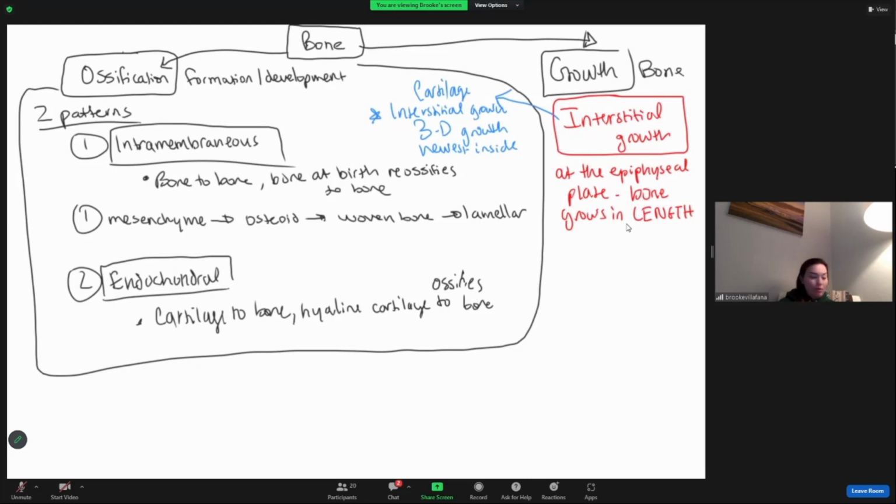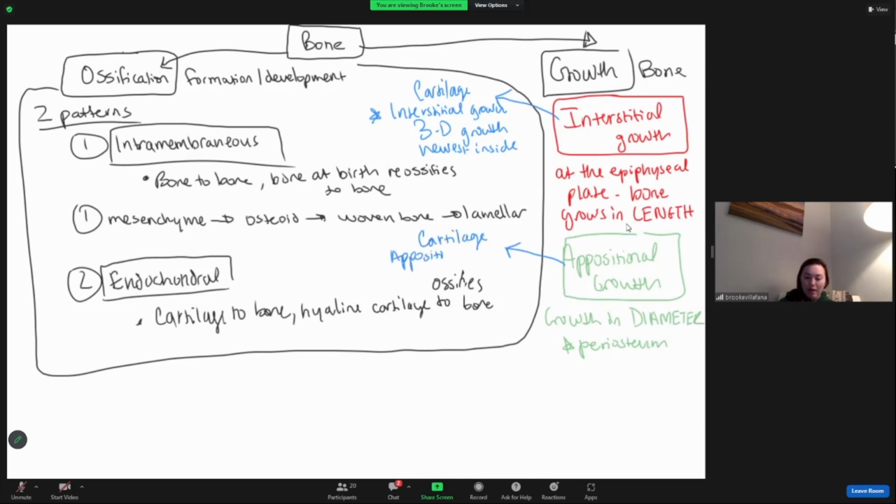Second type of growth is our appositional growth. Appositional growth is going to be growth in diameter, and the location is at the periosteum. Okay, so the periosteum is growing, versus cartilage also had appositional growth. So they have the same names.